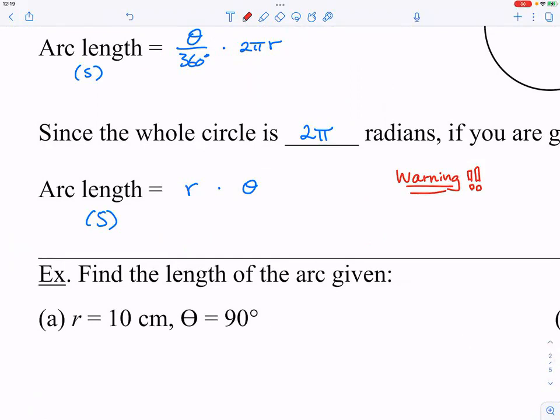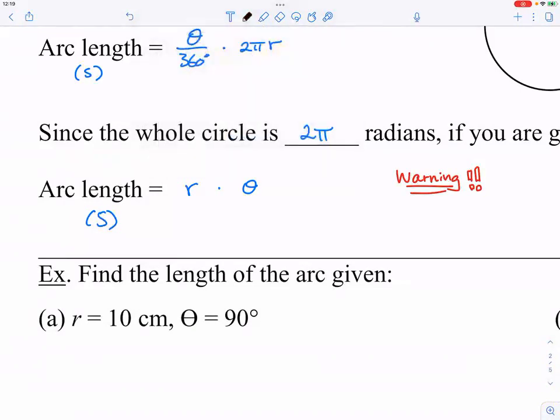I asked her, how did you do on the quiz? She said, I did bad. I said, how can you do bad? And she said she used this equation, but she didn't realize that the theta right here must be in radian.